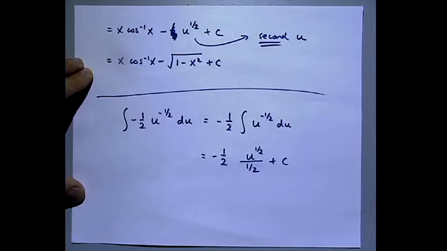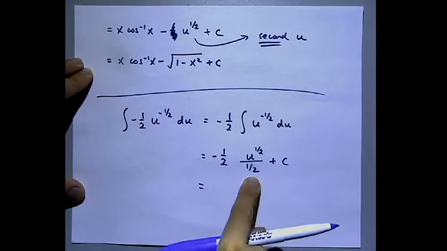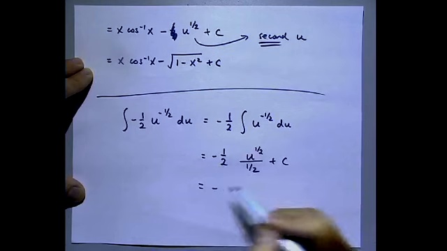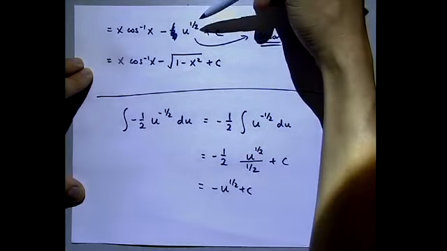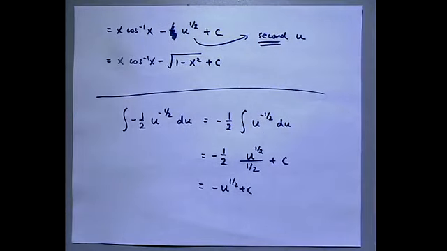Power rule, add 1 to it, divide by the new power. And the 1/2 and the 1/2 cancel. I retain my negative. So that's where this thing came from. Is that okay? Okay. Other questions? All right, let's do one more, and then we'll end it there.